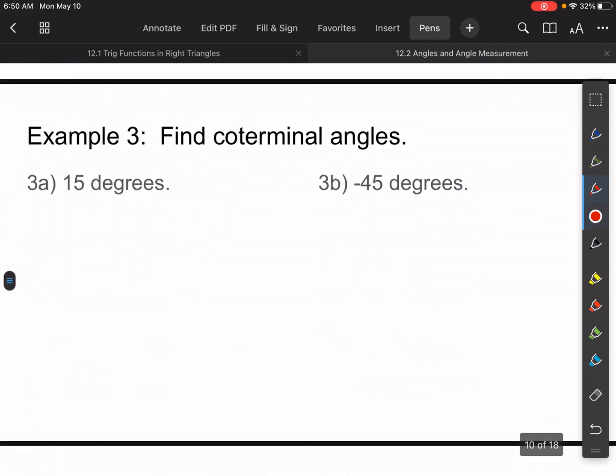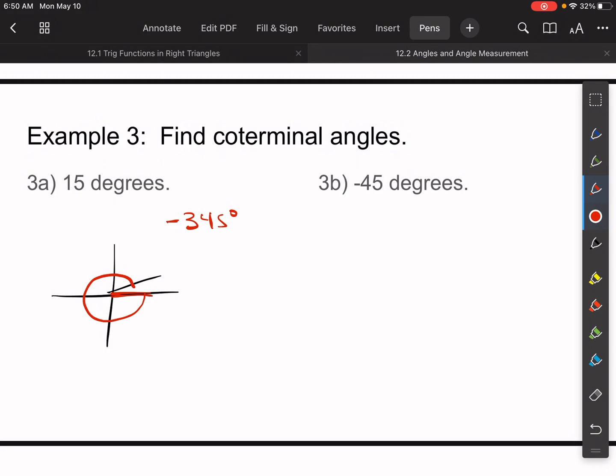Example 3 says, what are some coterminals of 15 degrees and negative 45 degrees? So 15 degrees is something like this. If I wanted to know another coterminal angle, I could start here and go this way, and if you went all the way back to 15 degrees, that would be negative 345 degrees.